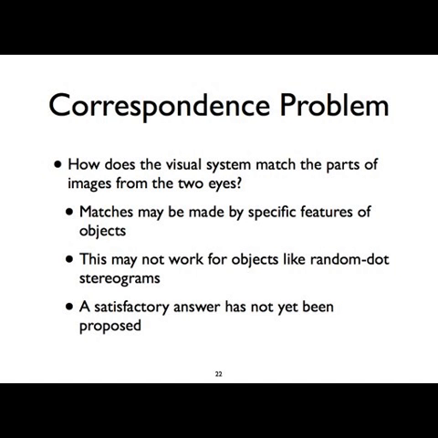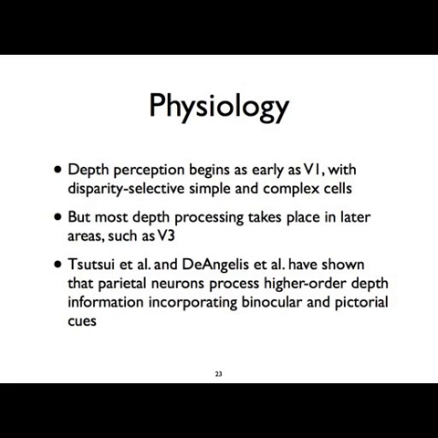So matches may be made by specific features of the objects. This may not work for objects like random dot stereograms where there really aren't any features or where the features repeat over and over again. And we really don't know exactly how the brain solves the correspondence problem. We know that it does. It's probably using a heuristic or a shortcut, but we're not entirely certain how this is actually happening.